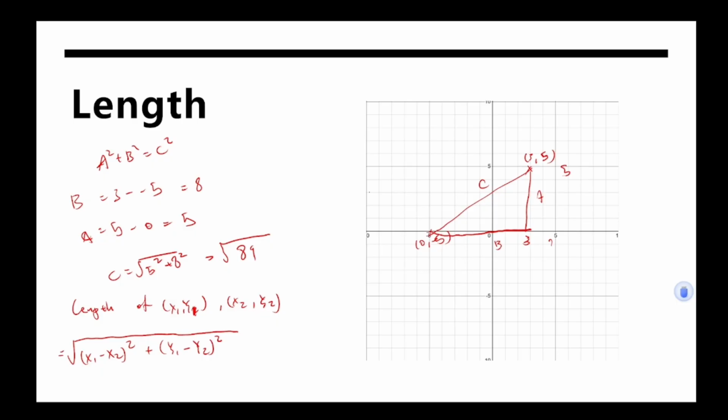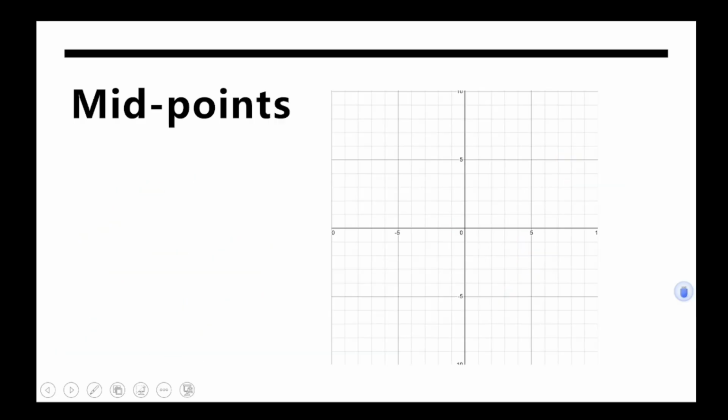Well, remember, this is only applicable when the equation is linear. If it's like cubic or quadratic, the length won't be just a triangle. This is not equal to this, alright?